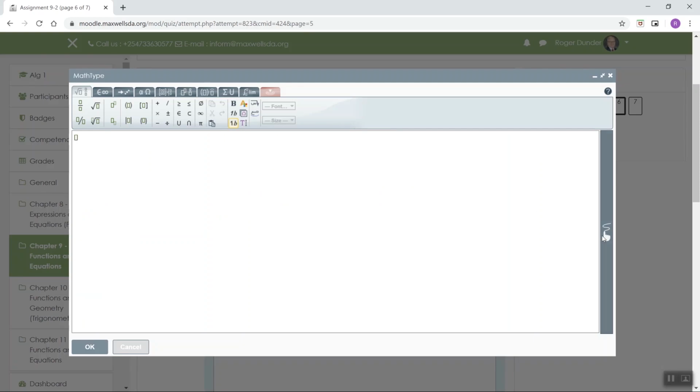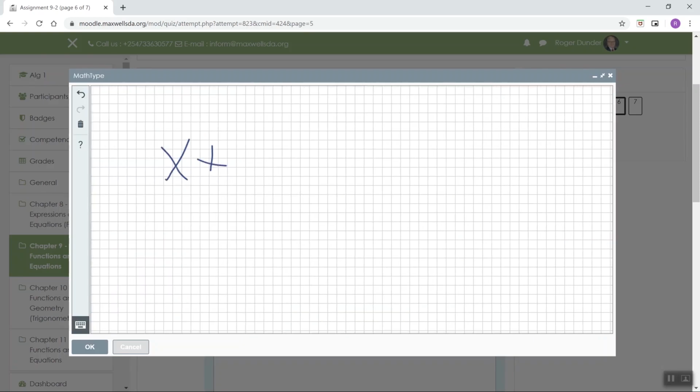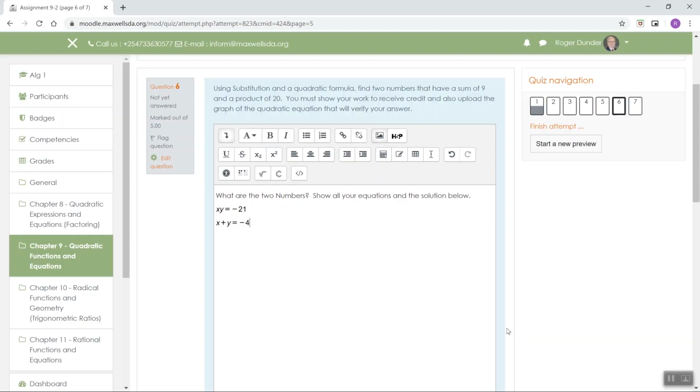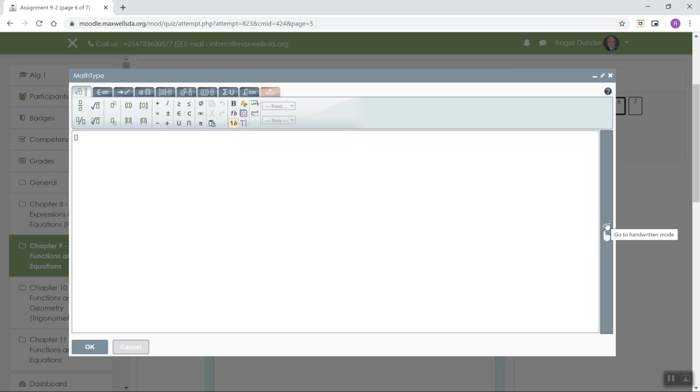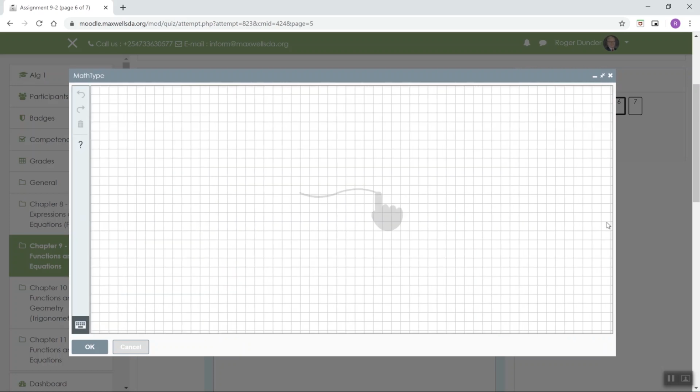I'm going to say that x plus y equals negative 4. And I'll put that in there. And then we'll go ahead and solve for the rest of it. Then we could say that y equals minus x minus 4.